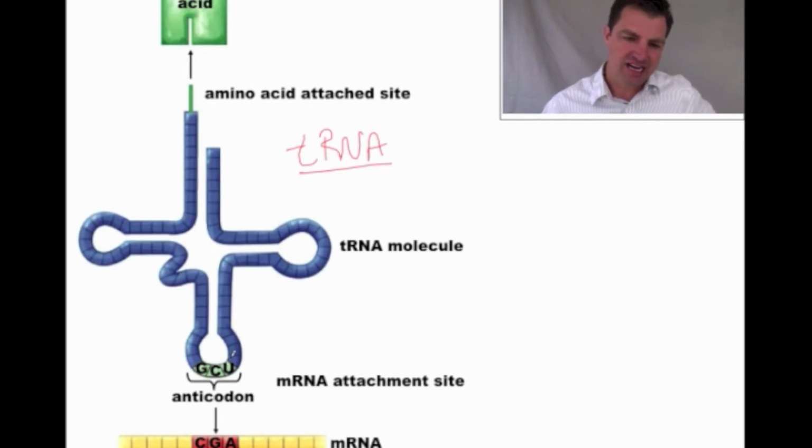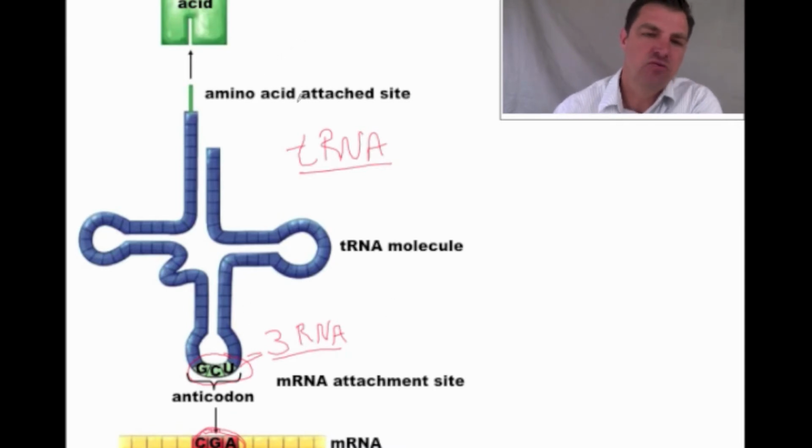On one side, it has a series of 3 RNAs that are going to be the opposite to my codon sequence, my section of 3 in my mRNA. That's going to be called the anticodon, and that's going to bind to the codon, which is a section of 3 mRNAs. So that's on one side. On the other side, I'm going to have my particular amino acid.